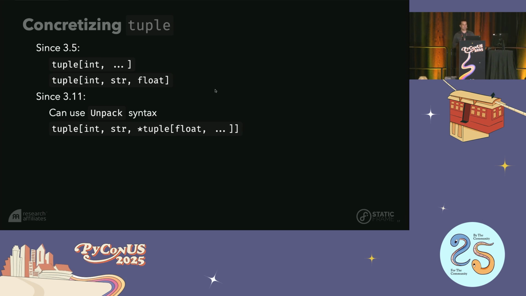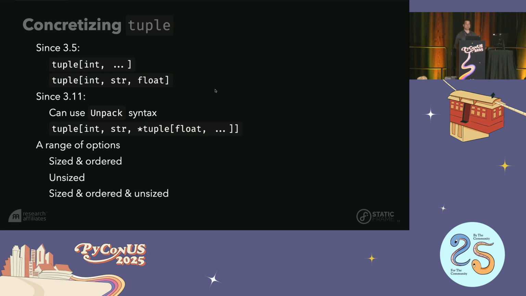Now, this might seem kind of strange, but if we think about a record of data where we might have a few identifiers followed by a variable number of floating point observations, for example, you can see how being able to define a type like this is really flexible and accommodates a lot of potential data representations we might have. So this gives us a range of options with the tuple. We have sized and ordered, we have unsized, and we can actually have them both at the same time.